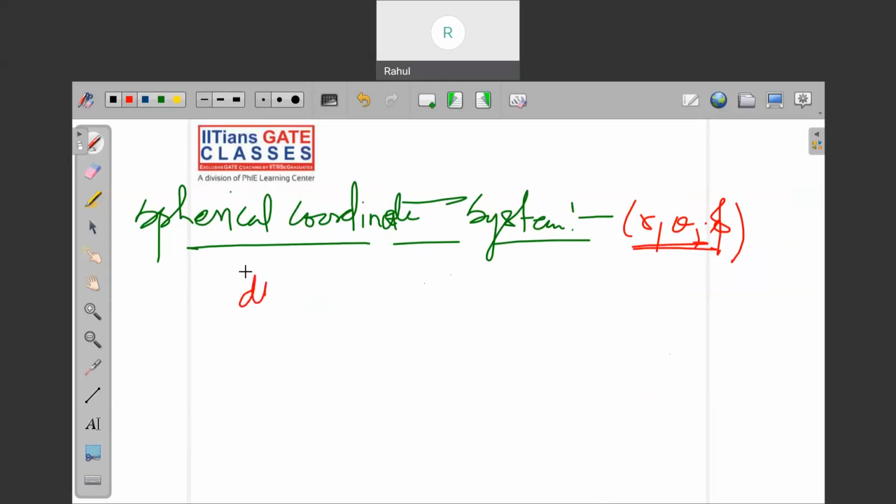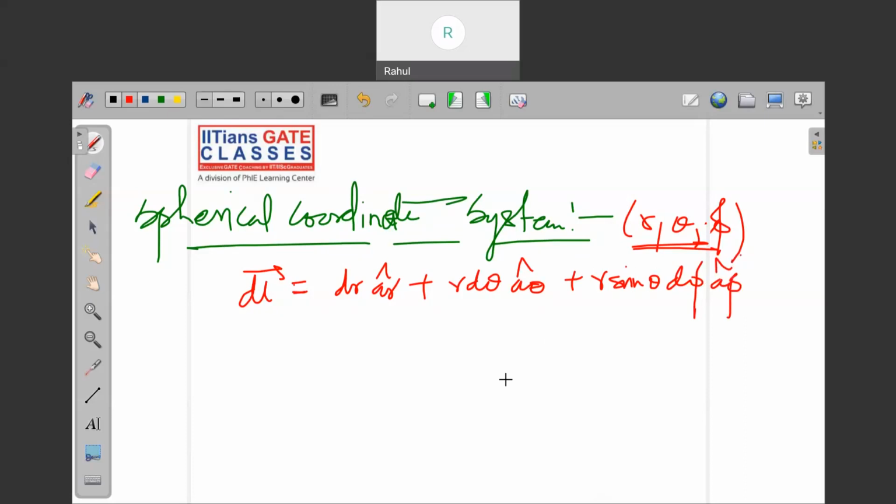So you will get dl equal to dr a r cap plus r d theta a theta cap plus r sin theta d phi a phi. Remember all these things.